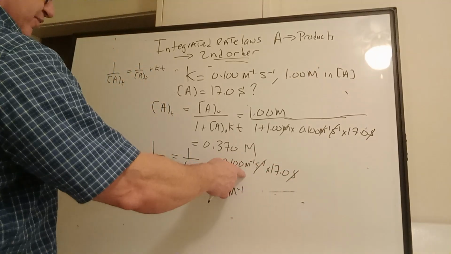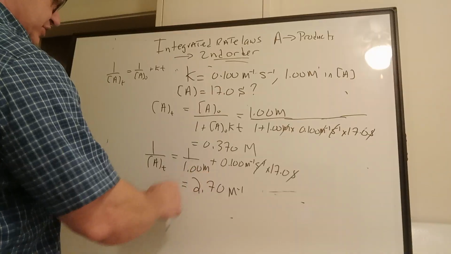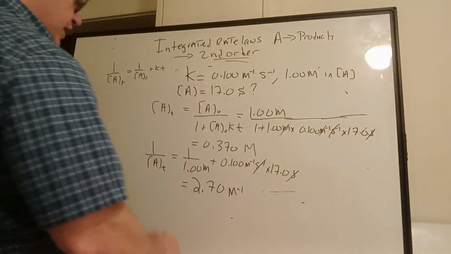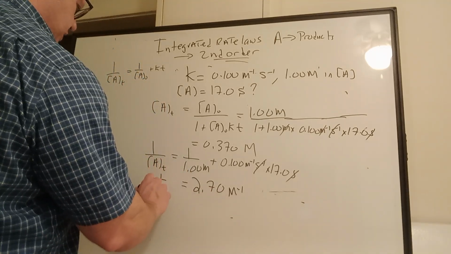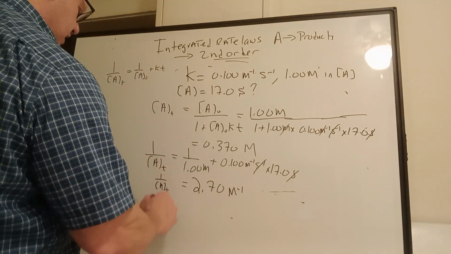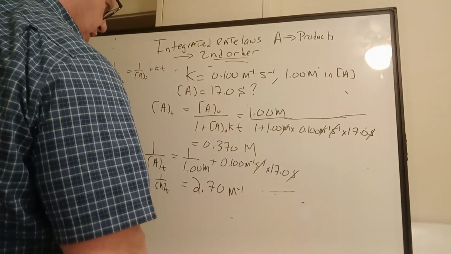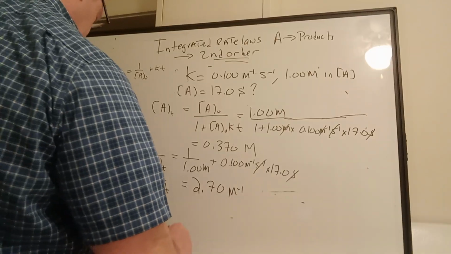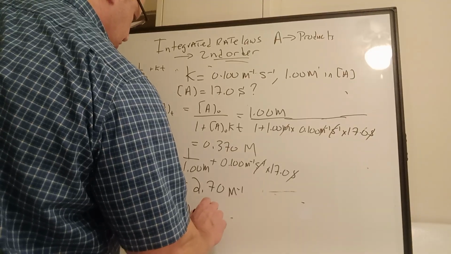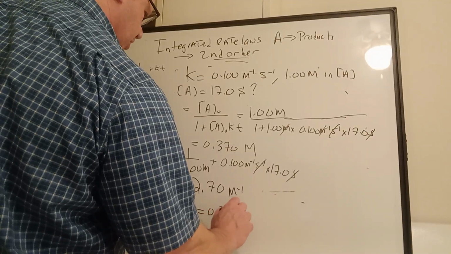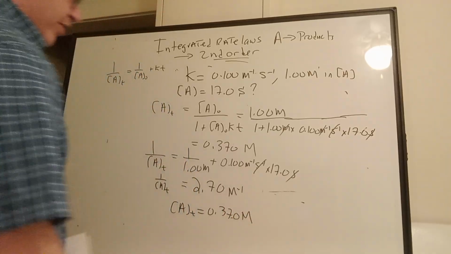This is inverse molarity, and here the molarity is in the denominator. And when you take the inverse of that, if that's 1 over A sub t, take the inverse of it, 1 divided by 2.70, and that will give you A sub t is 0.370 with units of molarity.